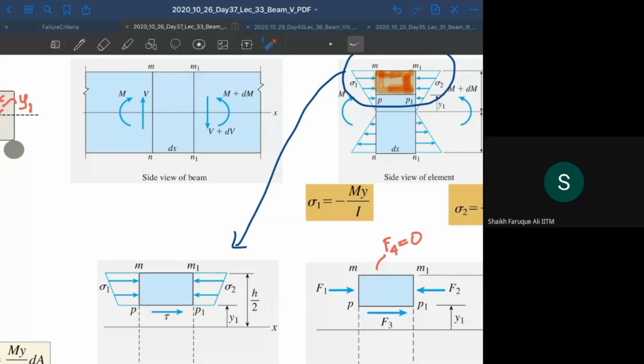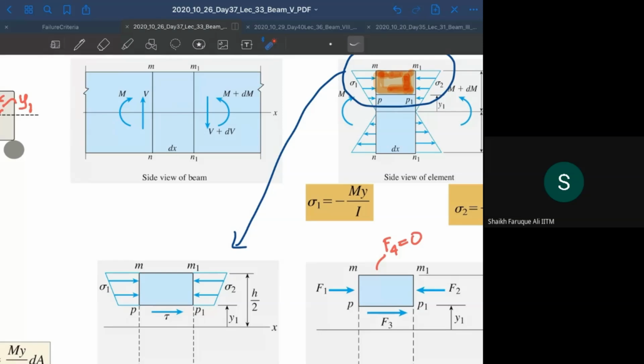Now, since you have taken an element out of this, you have separated this portion from the top portion. Now, these two layers, as we have discussed, had shear stresses in between. So there is a shear stress that is going to act in between, let's call it tau.